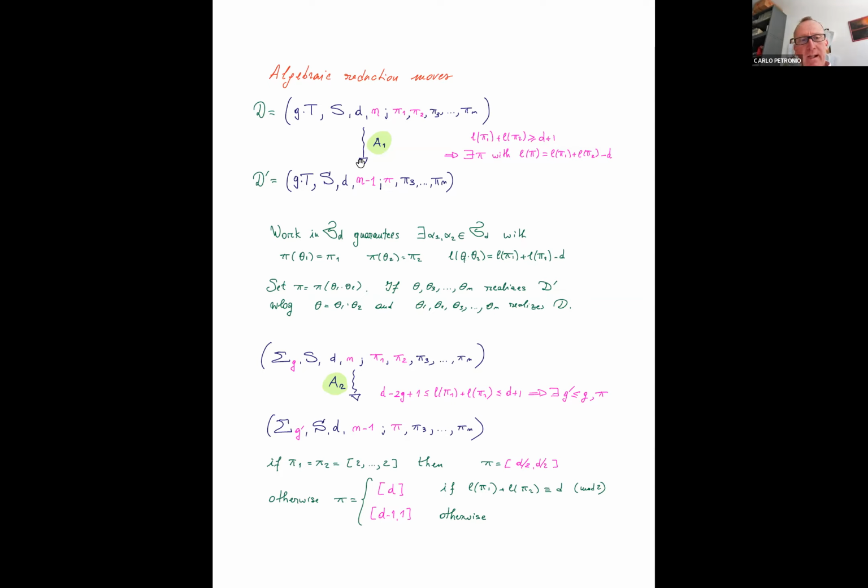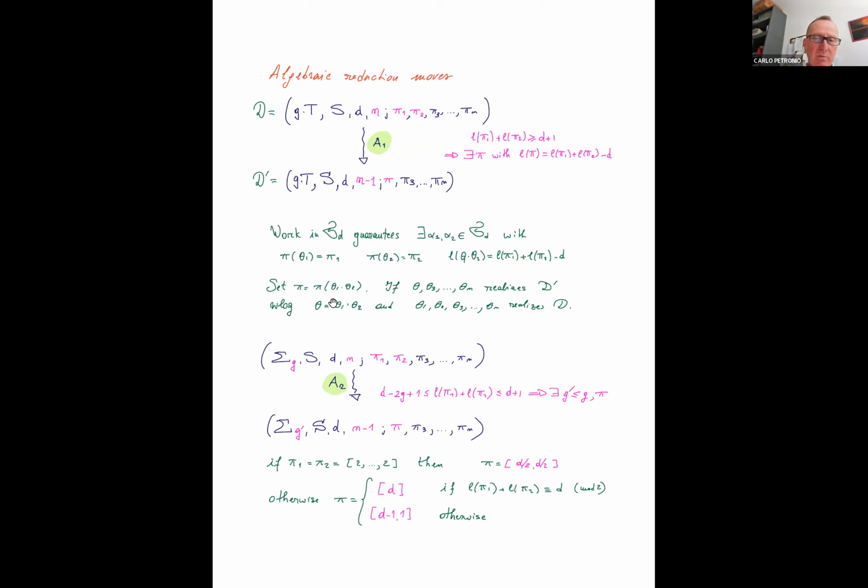So if you have a monodromy realization of this datum, so you have partitions, you set pi equal to the cycle structure of theta 1, theta 2. If you have theta, theta 3, etc., realizing d prime as permutations, then theta and theta 1, theta 2 are conjugate because they have the same cycle structure.